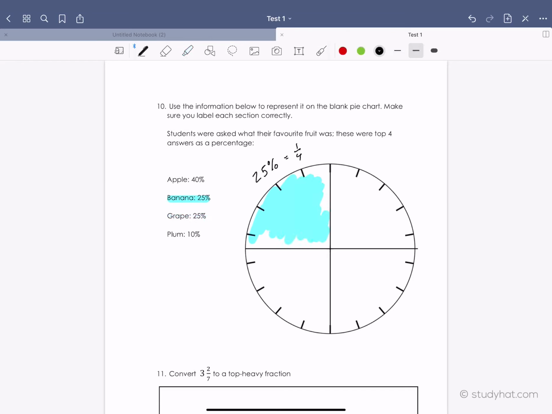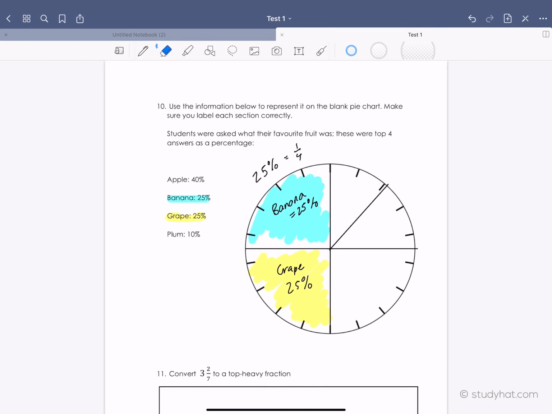Banana we will say is 1/4 or 25%. And grape is also going to be 25%. Now the remaining, this is 50% here. So if we take for the apple, the majority 40%, so for about this much, it's only an estimate.